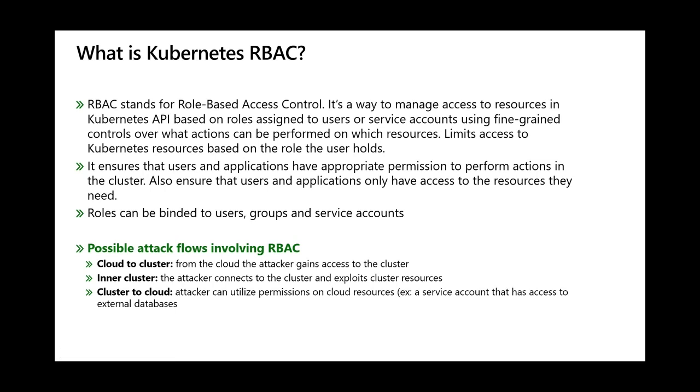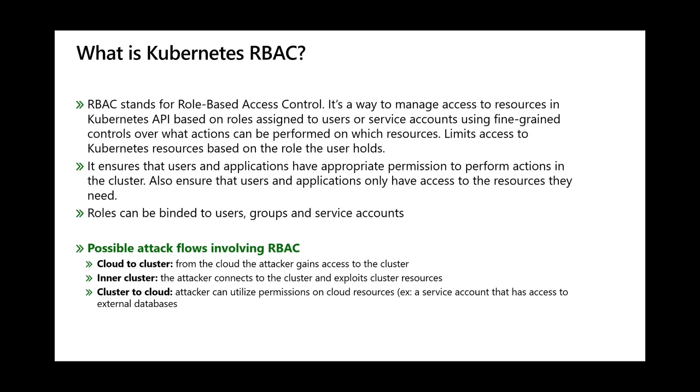So this is looking at how an attacker could use another cloud resource to gain access to the cluster. There's also inter-cluster attack flows as well, and this is essentially connecting. This is allowing the attacker to connect to the cluster and exploit cluster resources.